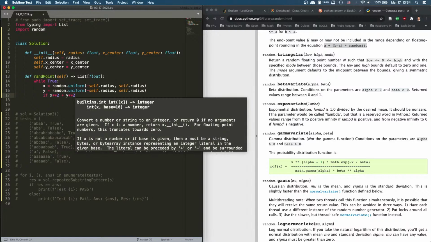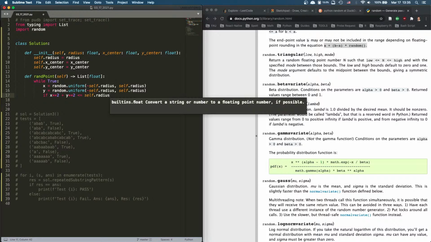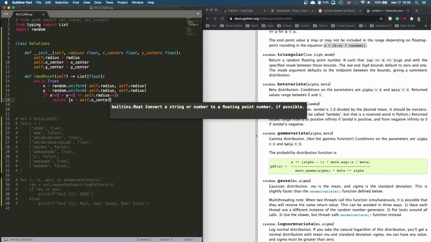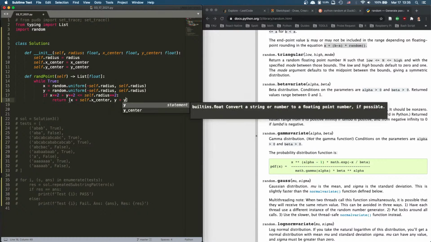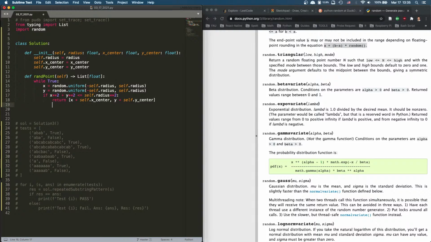If x squared plus y squared is smaller or equal to self.radius squared, then we break on this return. Return a list of x plus self.x_center and y plus self.y_center, right? And if it's not, we just do it again until we find one.